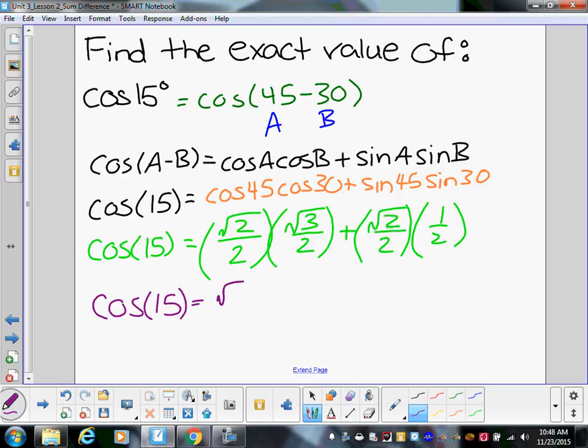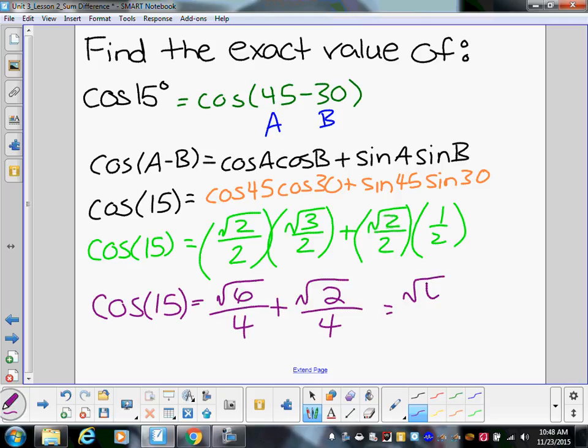Root 2 times root 3 is root 6. And root 2 times 1 is root 2. No, I can't add the square roots.